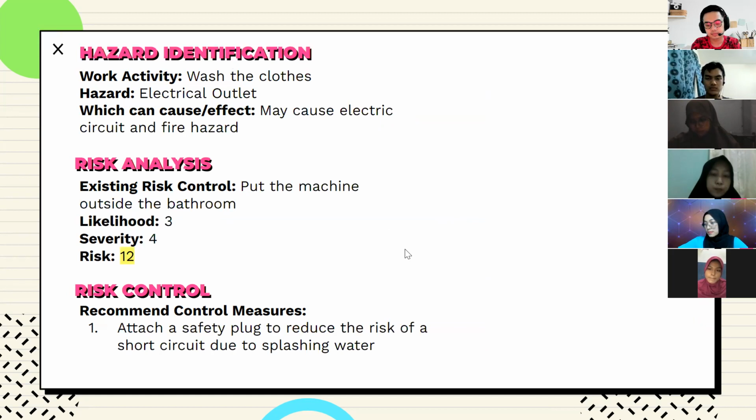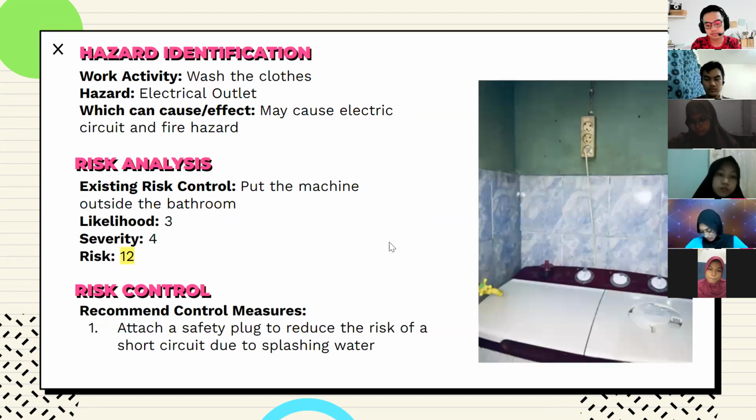Next, the last is hazard identification. Work activity is washing the clothes. The hazard is the electrical outlet, which may cause an electric circuit and fire hazard. Risk analysis: existing risk control is to put the machine outside the bedroom.